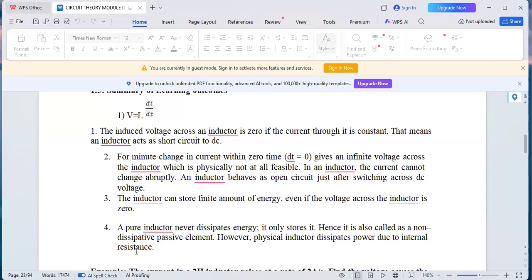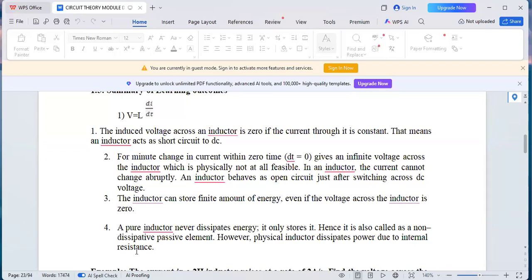So in an inductor, the current cannot change abruptly. It will take some time. An inductor behaves as an open circuit just after switching across a DC voltage. The inductor can store a finite amount of energy.